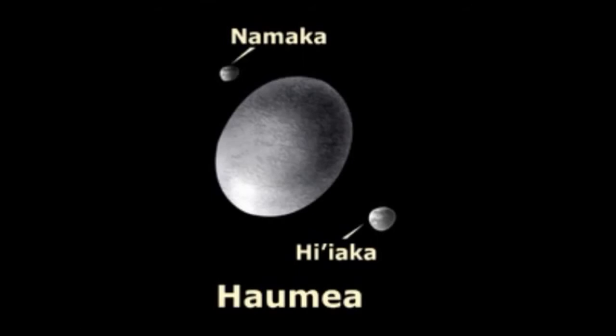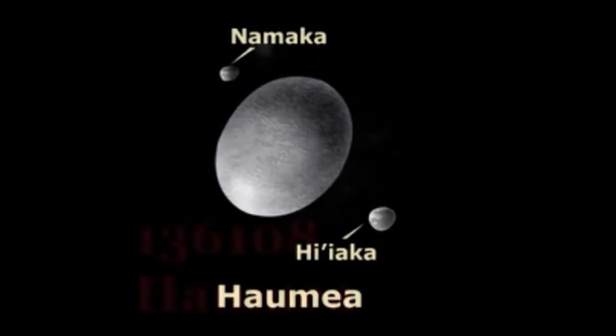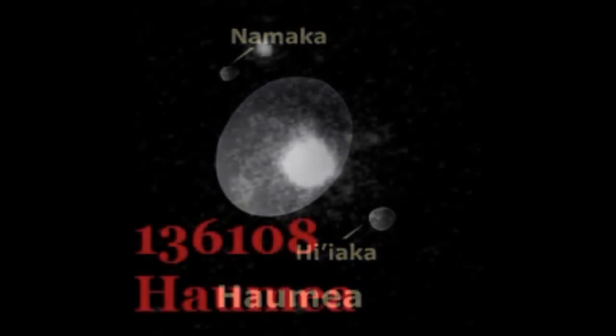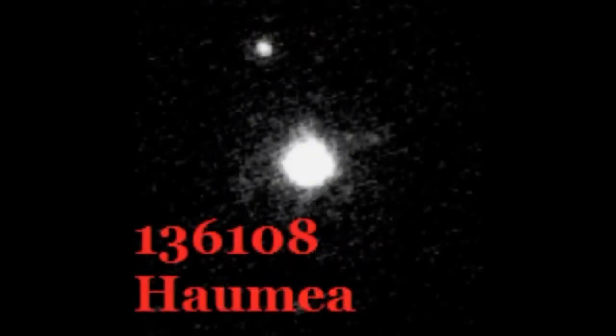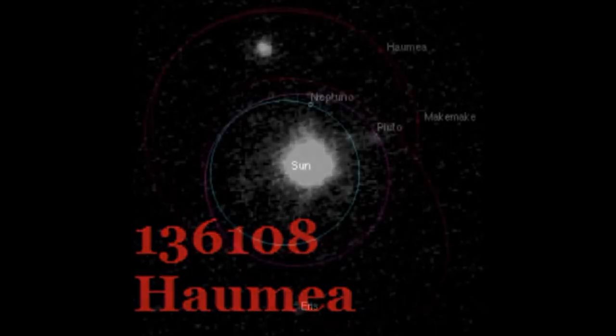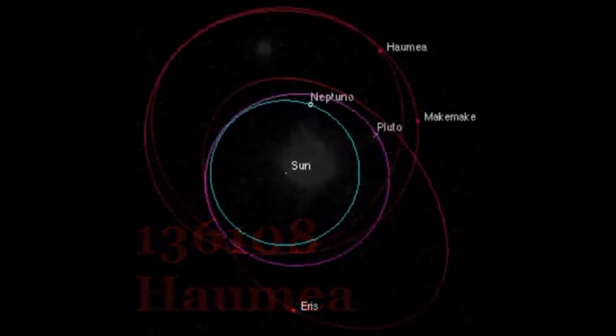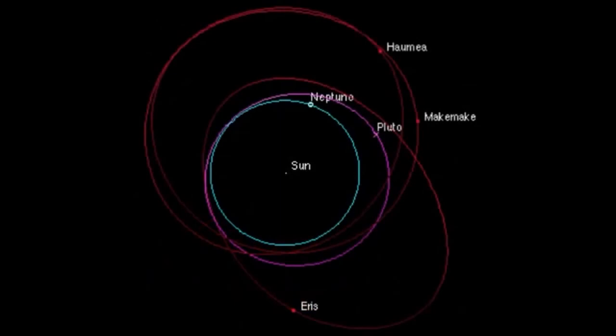It has two very small moons, Hi'iaka and Namaka. It's believed that these moons were originally part of the same planet, but the impact broke it apart, making it as it is, a small, strangely shaped object with two very small moons.